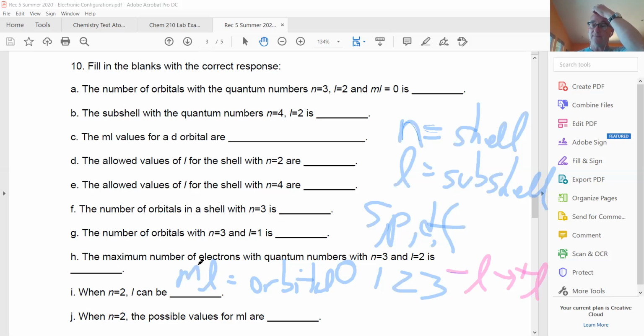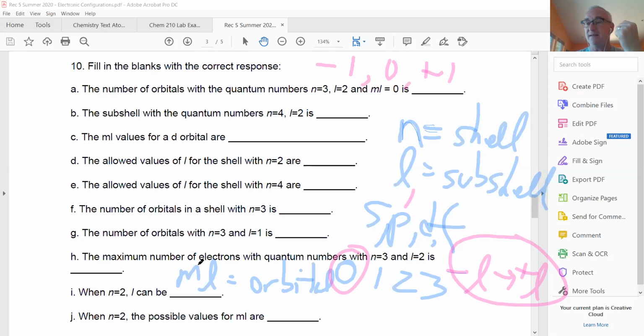So if you know what l is, that's what the possible numbers are. If it's s, that is 0, so it's negative 0 to plus 0, just 0. If it's p, p is 1, so it goes from minus 1 to plus 1.